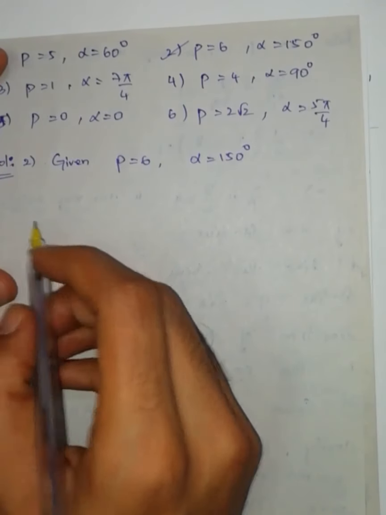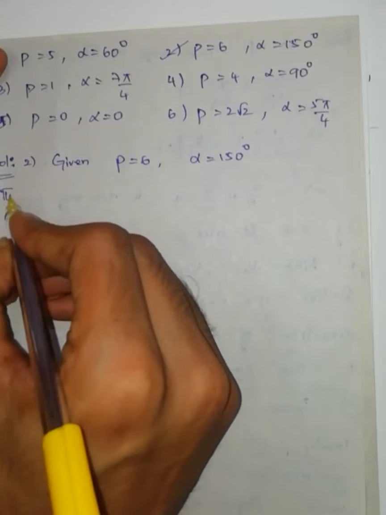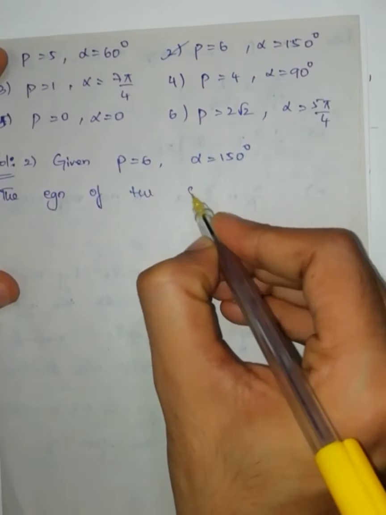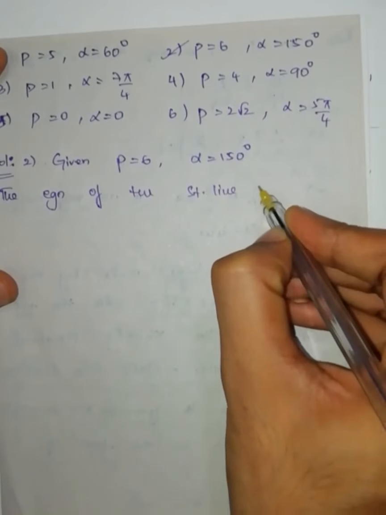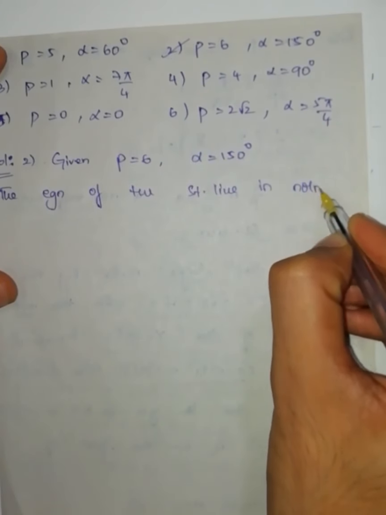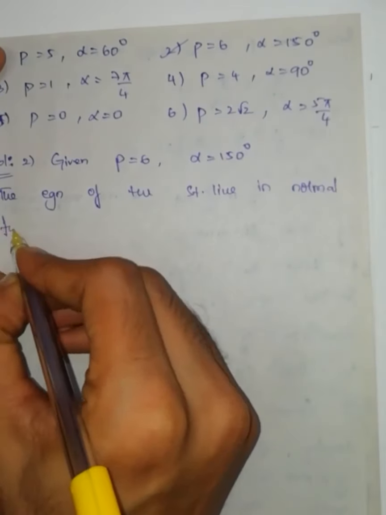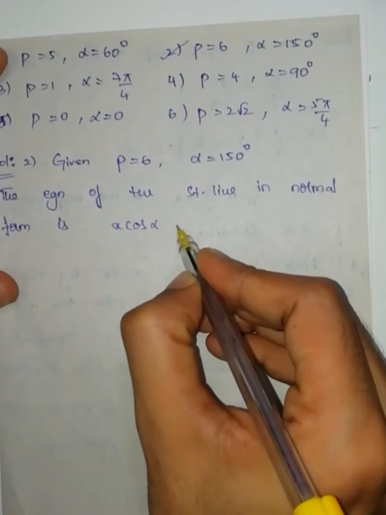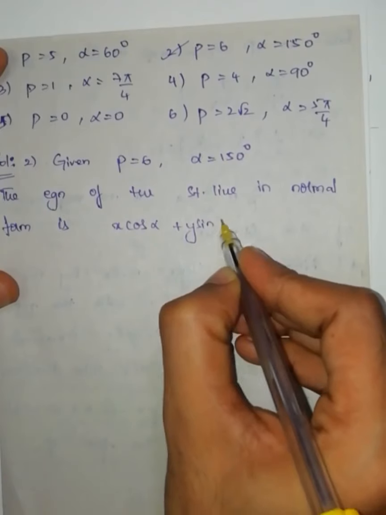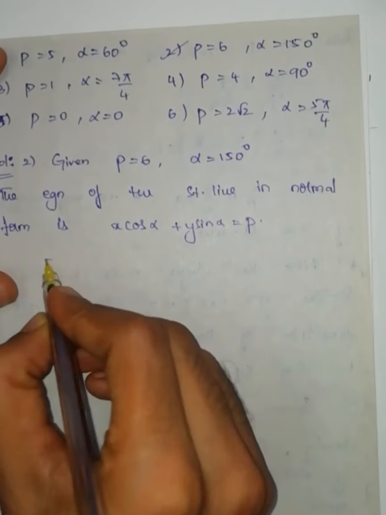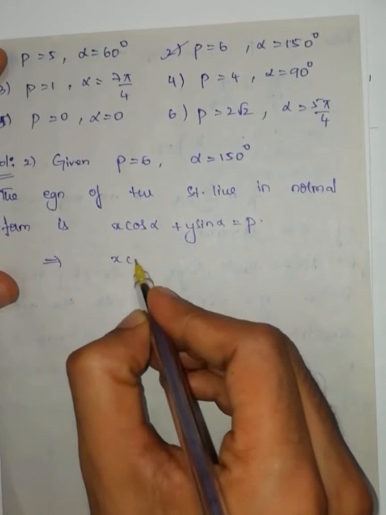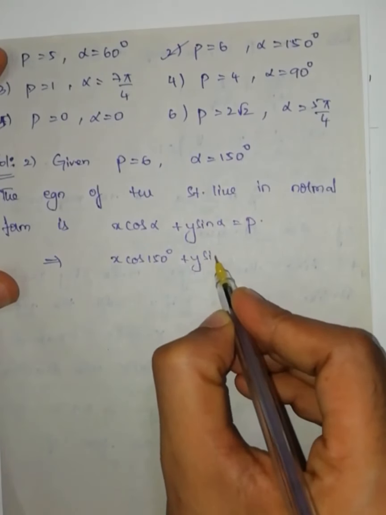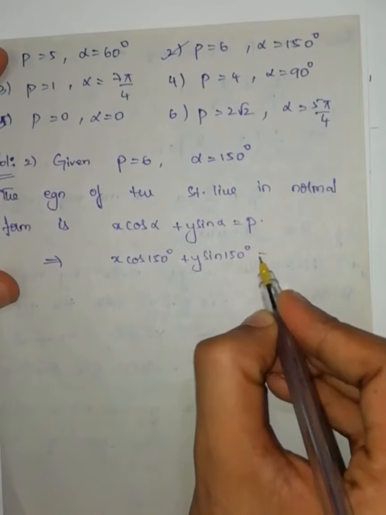Now, the equation of the straight line in normal form is x cos alpha plus y sin alpha is equal to P. This implies x cos 150 degrees plus y sin 150 degrees is equal to 6.